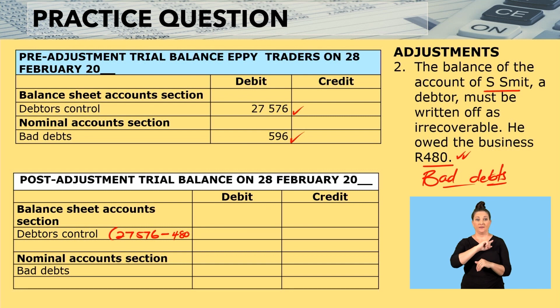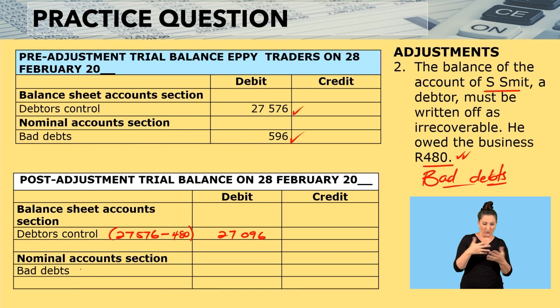We subtract the bad debts from the debtors control. That gives us 27,096. We have subtracted 480 from 27,576. That 480 is now part of the bad debts.